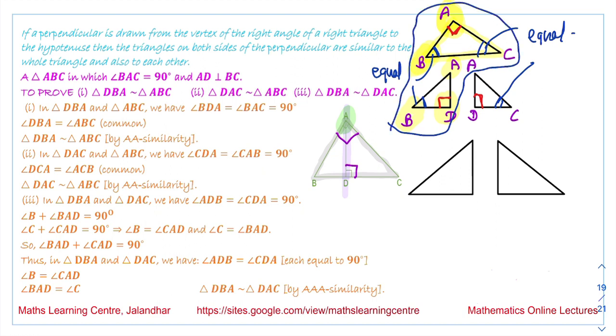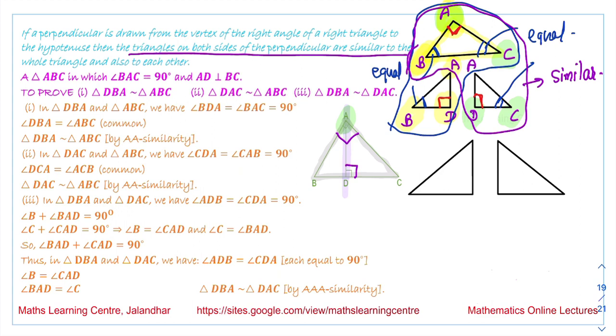Similarly, for these two triangles, the angle at A is equal to the angle at D. The angle at C and the angle at C are both equal. So both these triangles are similar.